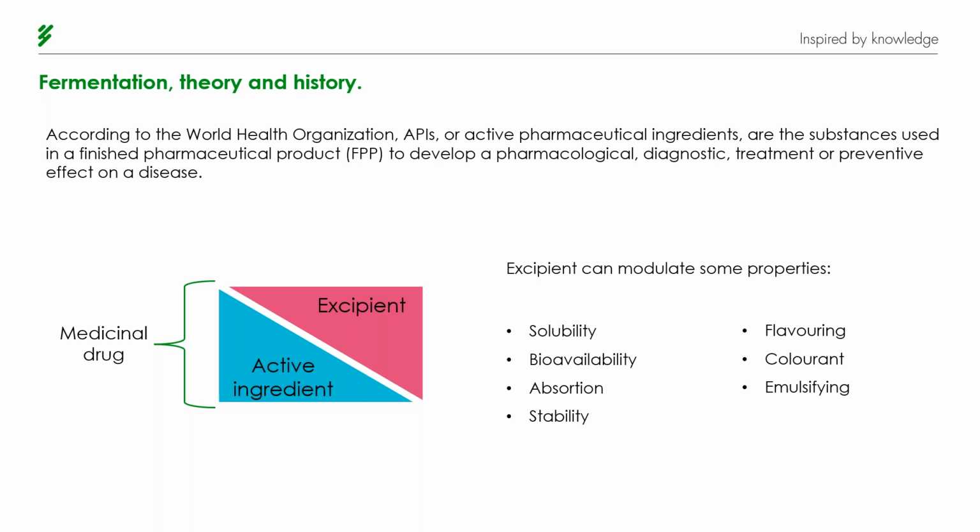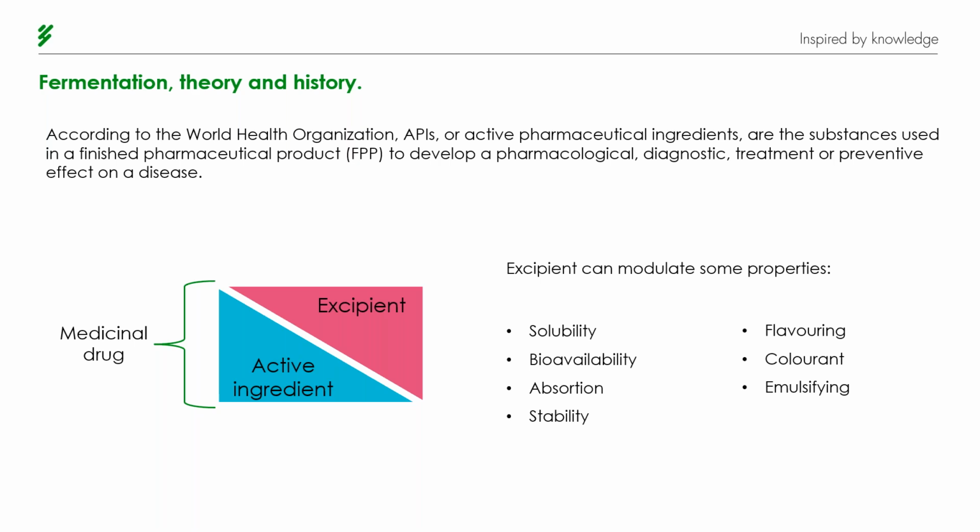A pharmaceutical drug, a medicine, is composed of the API and the excipient, mistakenly called an inactive substance. But that's not true, because the excipient can fulfill specific functions to facilitate the action of the API.